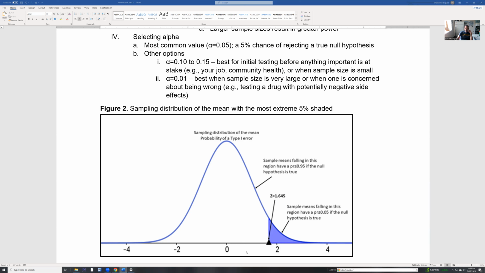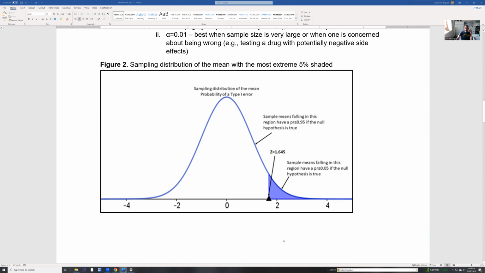The greater the difference between our sample mean and the population mean, the less likely is this sample to occur by chance alone. So it's more likely to be a truly meaningful result. But if we look at this distribution here, this represents 100% of all possible values within the population, and we draw our samples from this population.